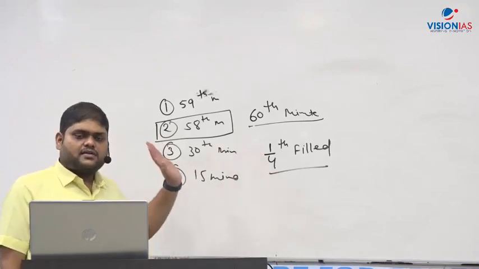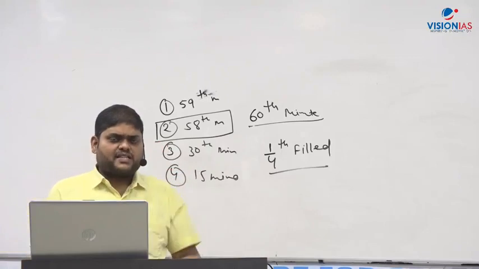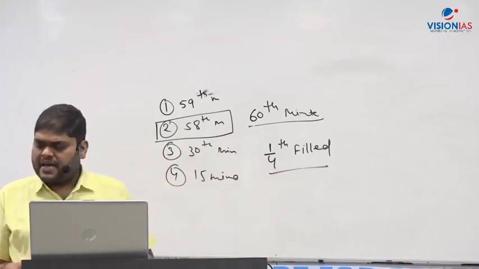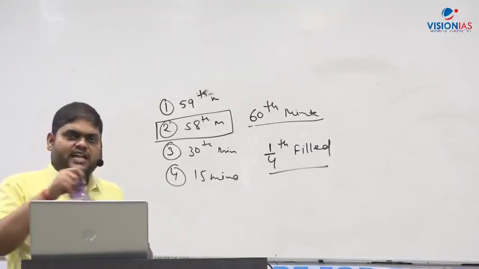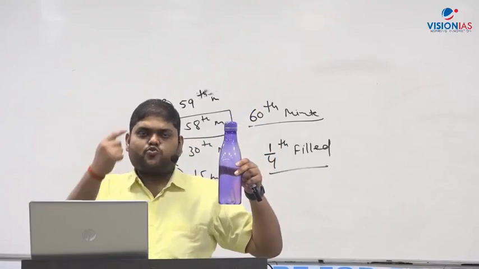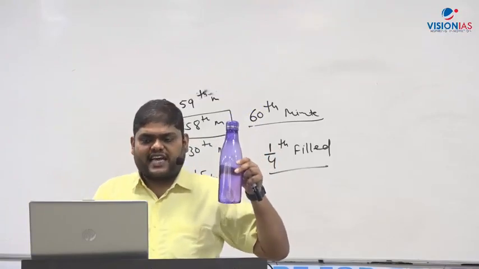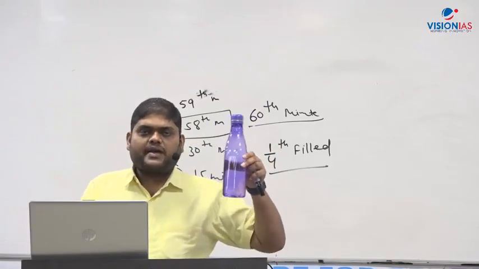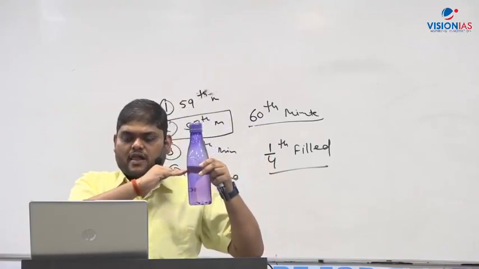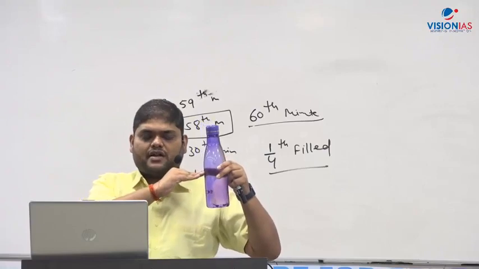We can do it. A simple thing: double every minute. That means, suppose this bottle is filled. Just 1 minute before, what was the case? The bottle was half filled. Why?